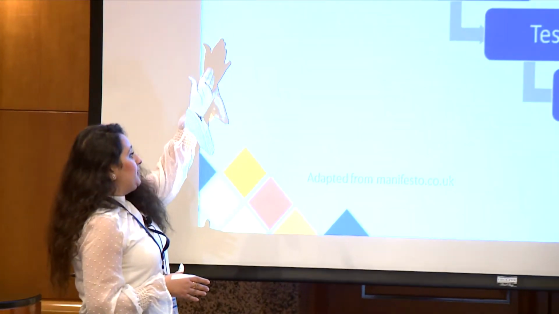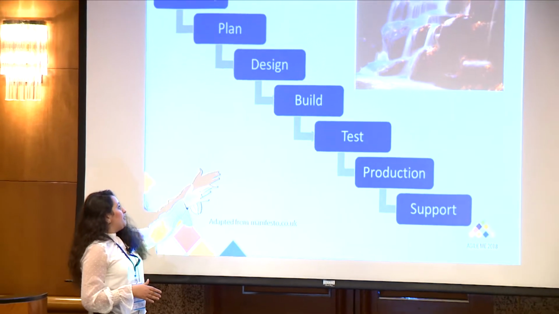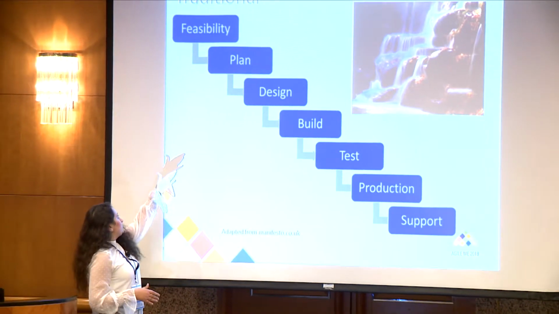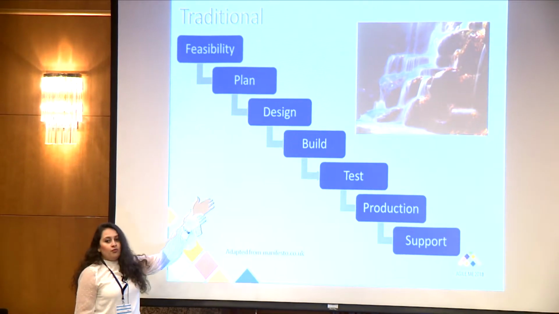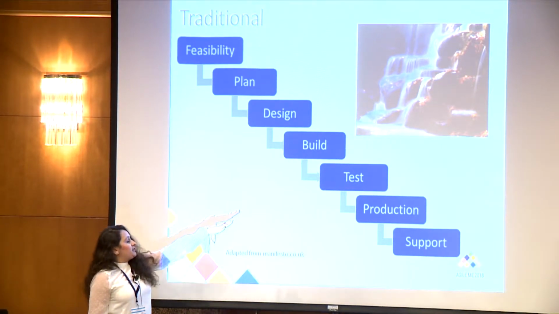The traditional model is the waterfall model, which is a cascading stages model in which we go from the feasibility until the support, which is the post-delivery of the project. For example, we suppose that we are going from one stage to the other in one typical project, and then we end up in a testing phase.